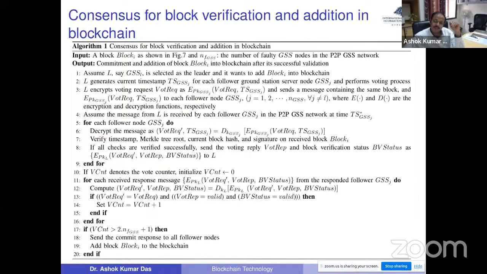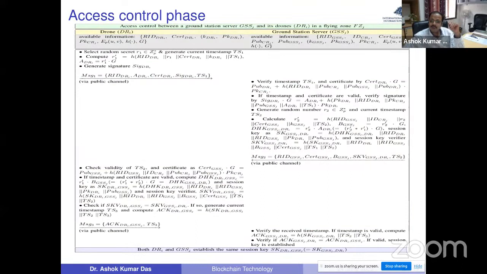But if we look at our scheme, we have designed it in such a way that the session key is computed using temporal secrets, that is short-term secrets, as well as long-term secrets.